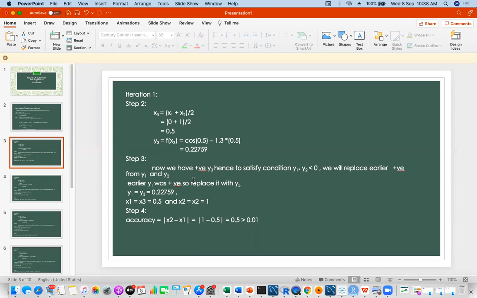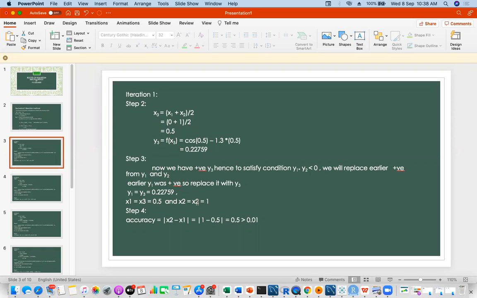In each iteration we should have different signs. So y1 is equal to new y3, that is 0.22759, and instead of x1 we will have x3. The initial x1 was 0, now the new x1 is x3, equal to 0.5.